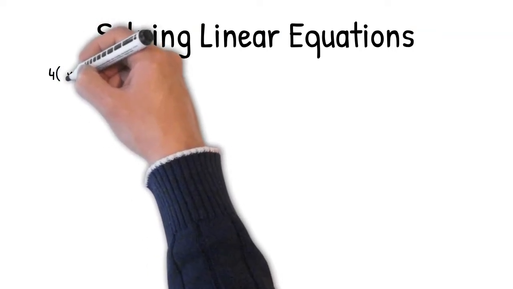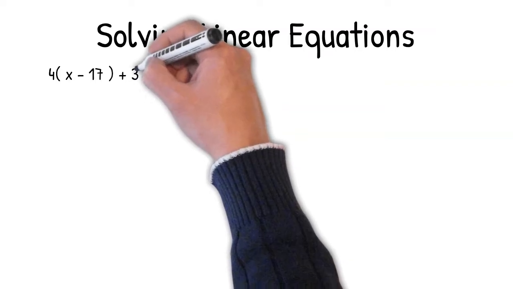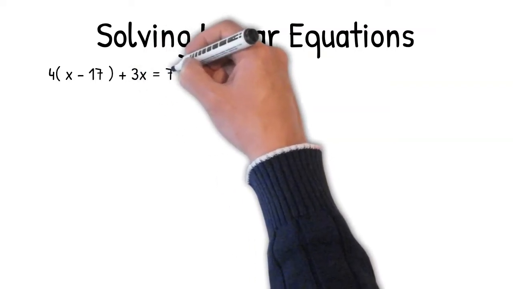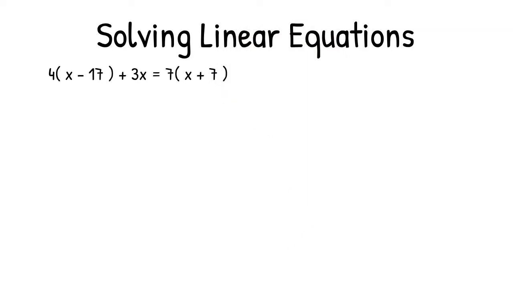4 times, in parentheses, x minus 17, to this add 3x, is equal to 7 times, in parentheses, x plus 7. Start by simplifying both sides of the equation.